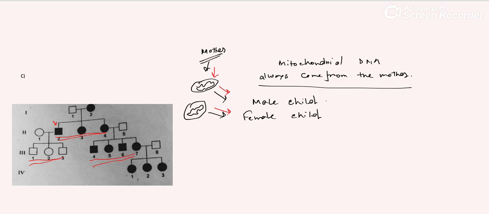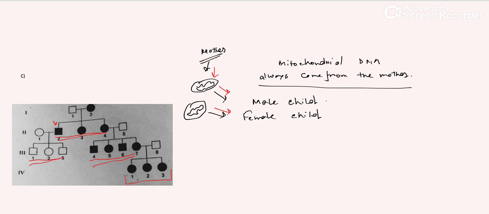In the third generation, number 7, the woman is affected, but she is married to a normal man. In spite of that all of her children in generation 4 are affected. It shows that if the mother is affected, then all the children, no matter if boy or girl, are affected, so we can easily say that it is a mitochondrial part which comes from the mother.